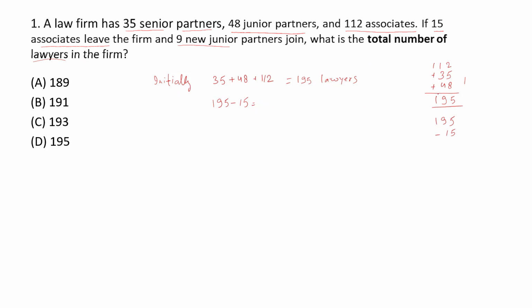Here we had to add them up, here you have to subtract. So 5 minus 5 is 0. 9 minus 1 is 8. And here it is 1. So now after 15 associates left, you had 180 lawyers in the firm, right?